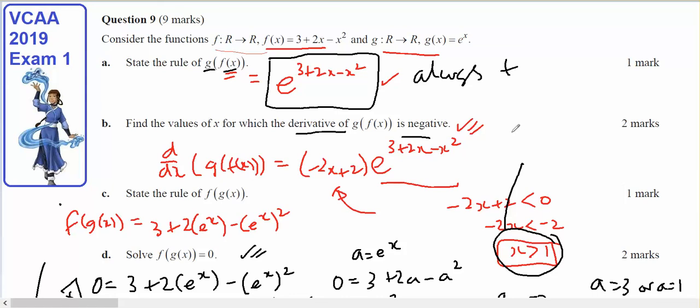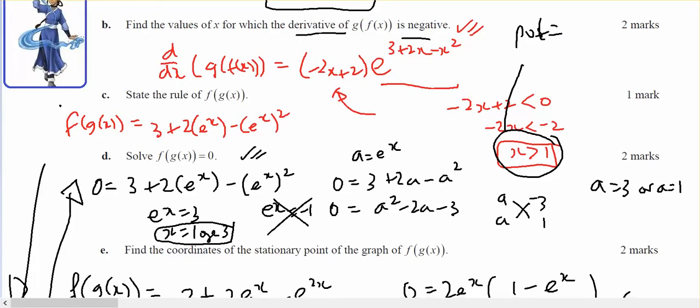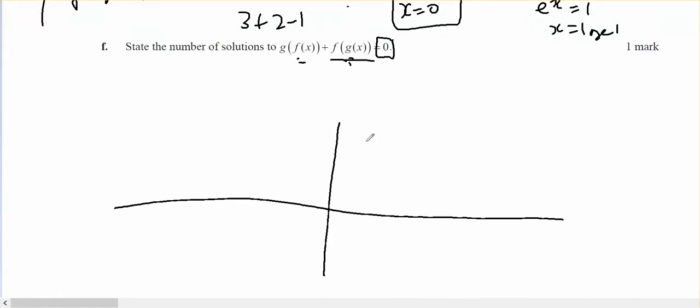Therefore, the derivative is positive less than 1. So I'll use red for it. So here's 1. It will come down and it will go that way. And at 1, it's going to be a stationary point.